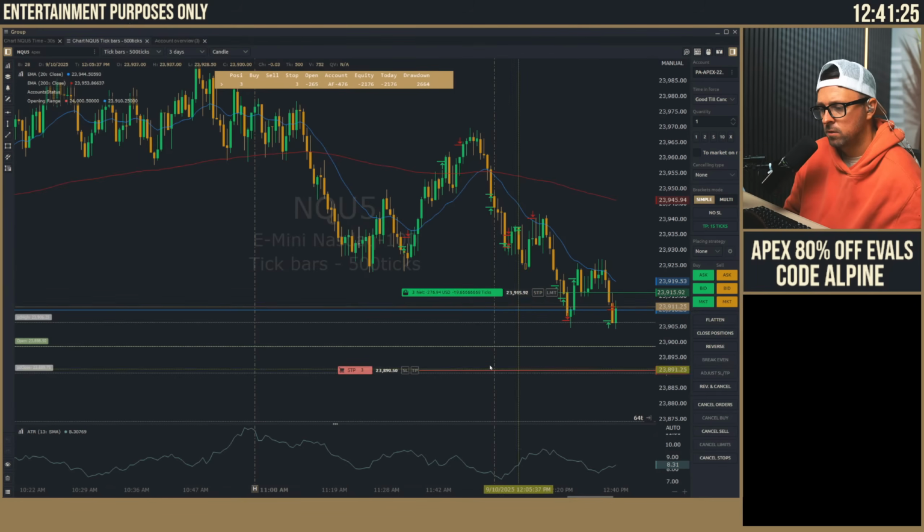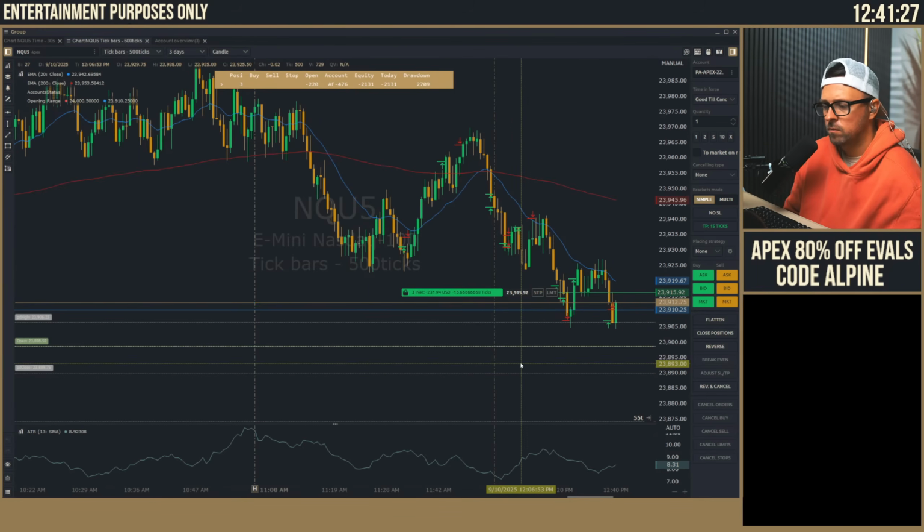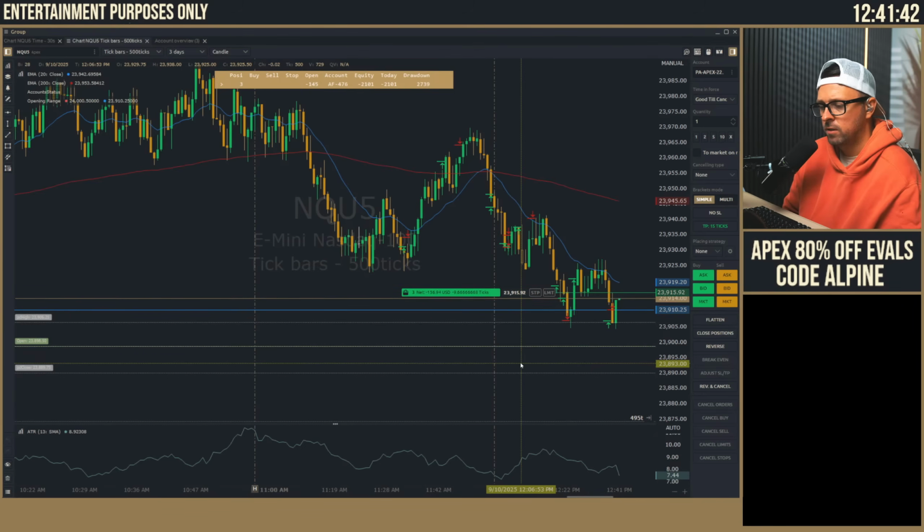Big difference. That's what I was talking about earlier. We would need to see a bounce off of here, and then I gotta add, like, get up to 5 contracts and try to make some profit.